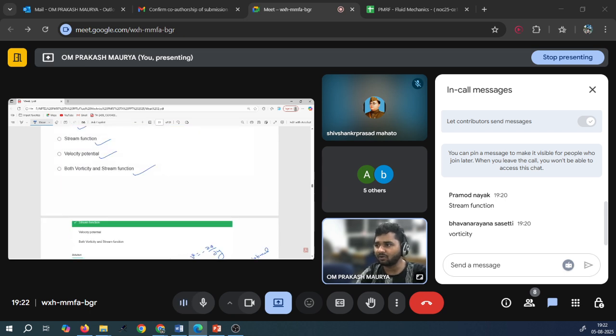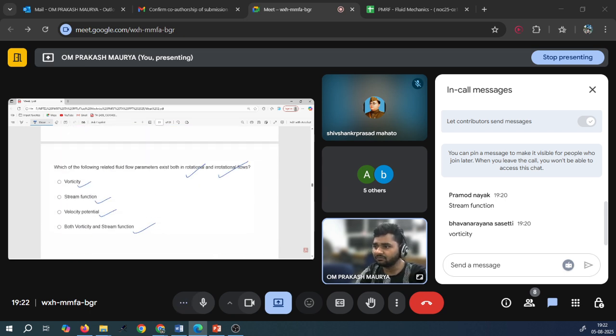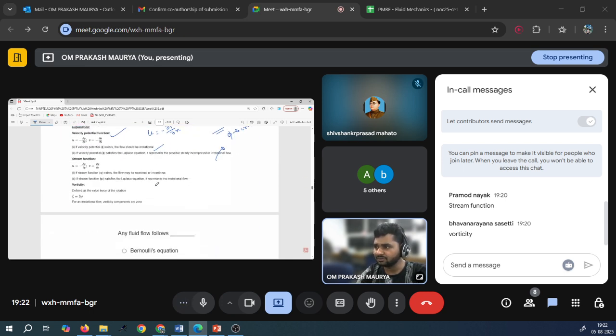So the question is about the fluid parameter that exists in both rotational and irrotational flow. The next one is the stream function. The stream function is: u is equal to minus del psi by del y, and v is equal to del psi by del x.